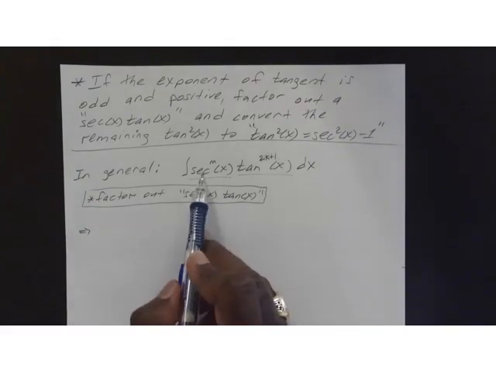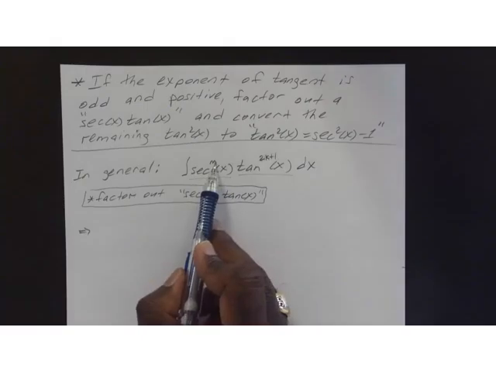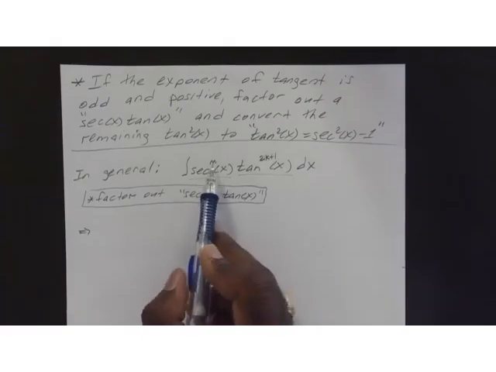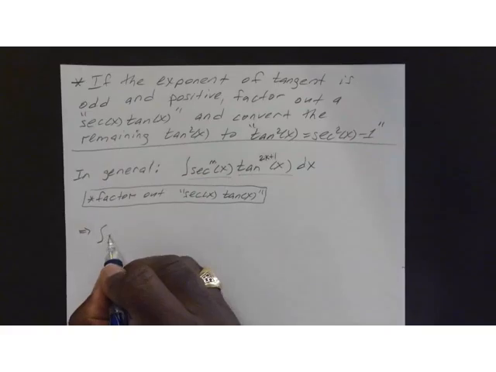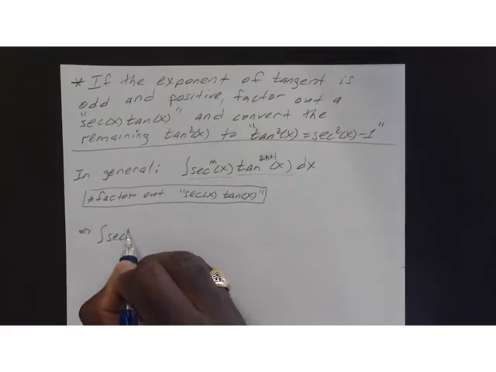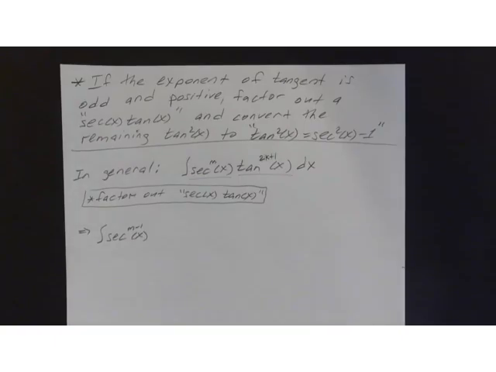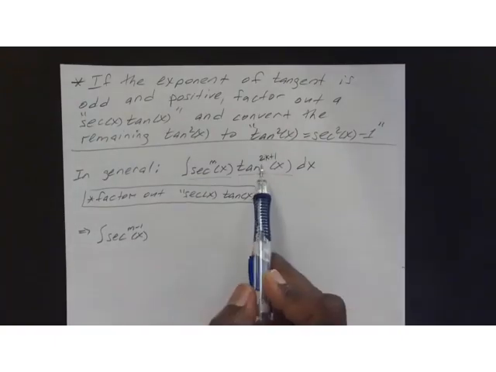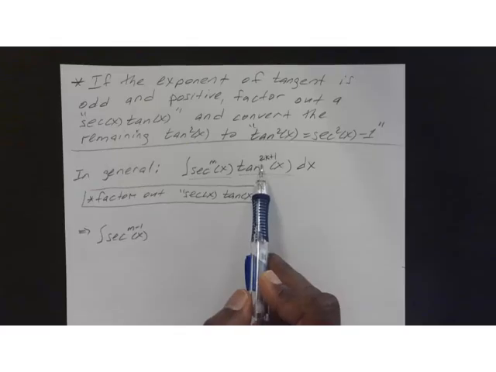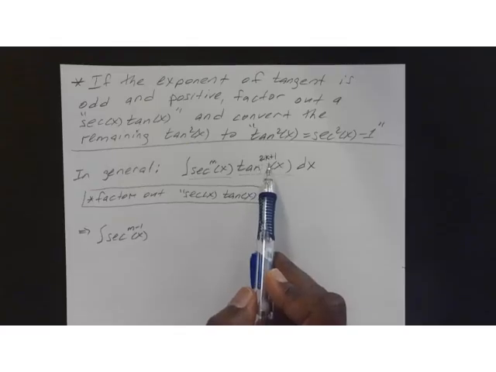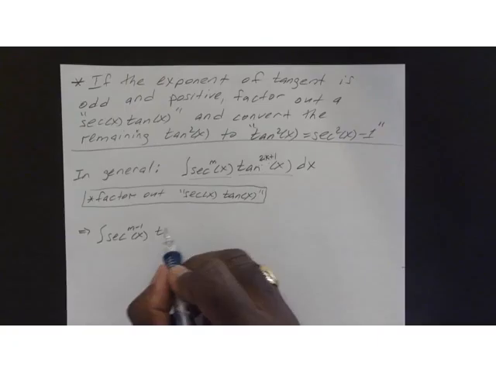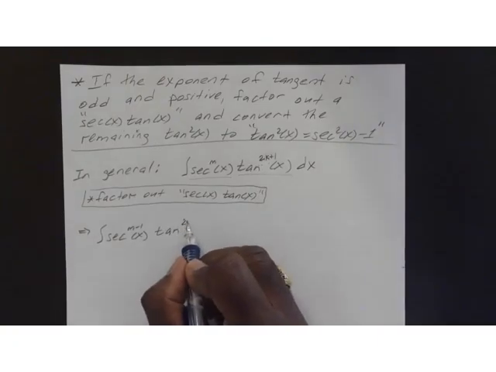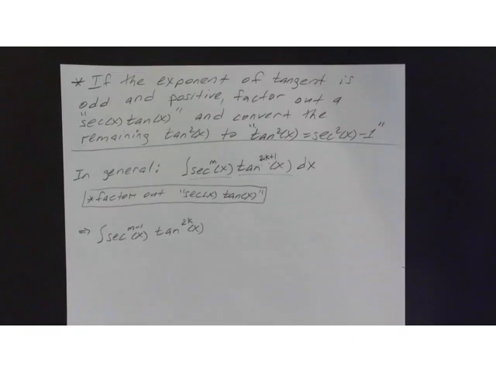So that means if we have secant x to the power of some number m, that's going to become m minus 1. Secant to the power of m minus 1 of x. Same thing here. We have an odd number of tangents. We're going to take one of them and factor it out. So that's times tangent to the power of some even number now, 2 times k.